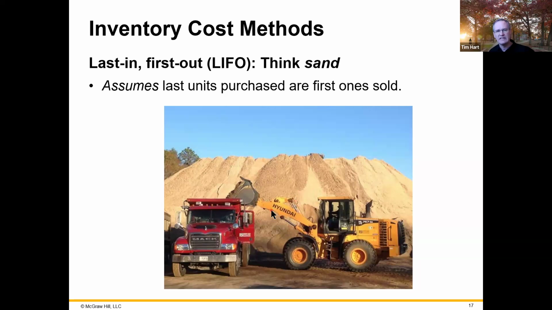So the last stuff in is the first stuff out, right? It is not practical to think that they could get the oldest sand from this pile, right? That just doesn't make sense. How can they get all the way to the bottom and pull that stuff out? That does not make sense at all. So for LIFO method, last in, first out, think sand pile and selling the newest stuff first.